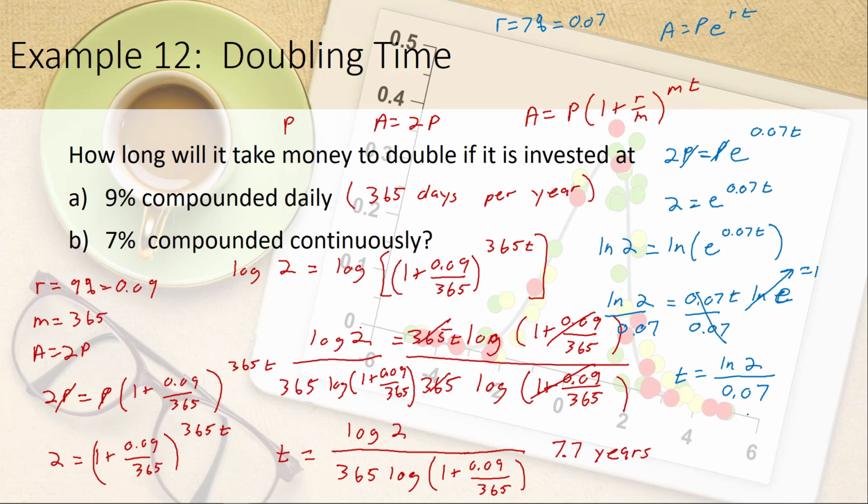And that will give us that t is equal to 9.9 years. Okay, so it turns out that even though we're compounding continuously, the reduction in the interest rate causes us 9.9 years for our money to double.